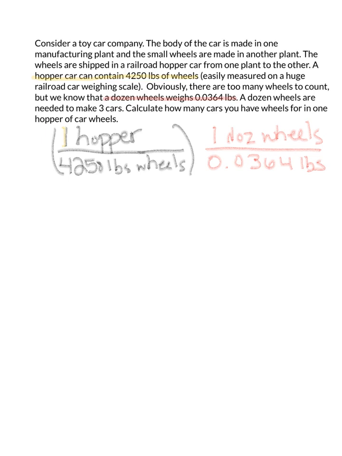Last but not least, I see one more piece of numerical information: a dozen wheels are needed to make 3 cars. So maybe I could say 1 dozen wheels is 3 cars.